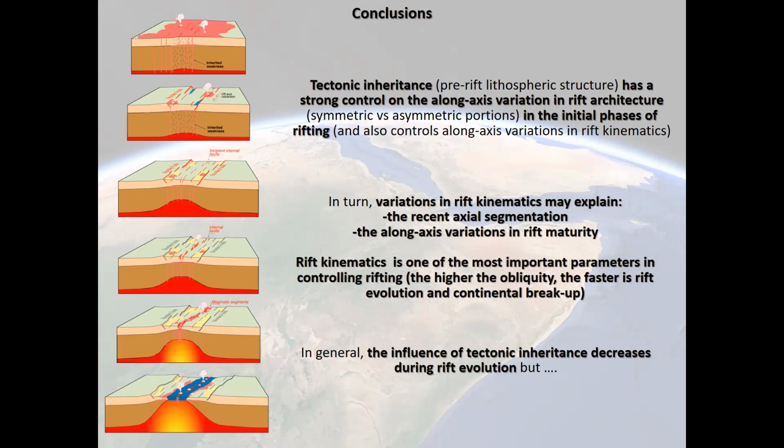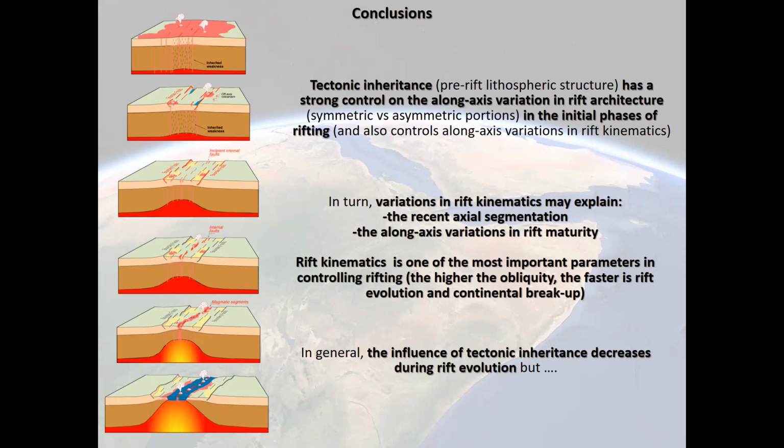So the alternation of symmetric versus asymmetric portions, especially during the initial phases of rifting, and also a control on the along axis variation in rift kinematics, because the plan view geometry of these weaknesses in relation to the motion vector between the plates can control the transition from orthogonal to oblique rifting.